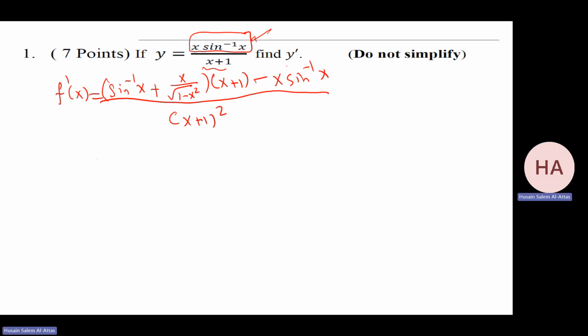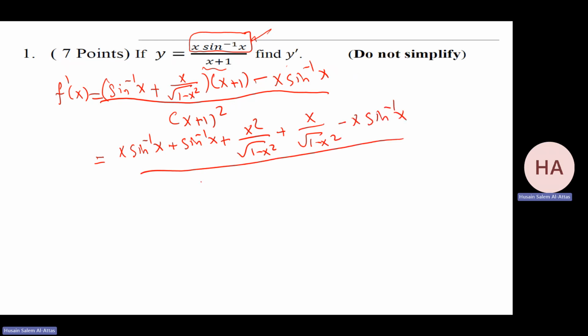Now let's simplify it. That will be what? x sine inverse of x plus sine inverse of x plus x squared over square root 1 minus x squared plus x over square root 1 minus x squared minus x sine inverse of x, all over x plus 1 square.